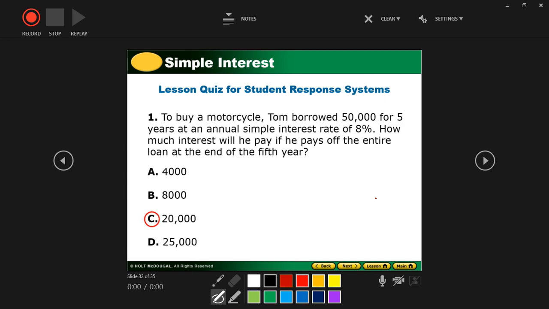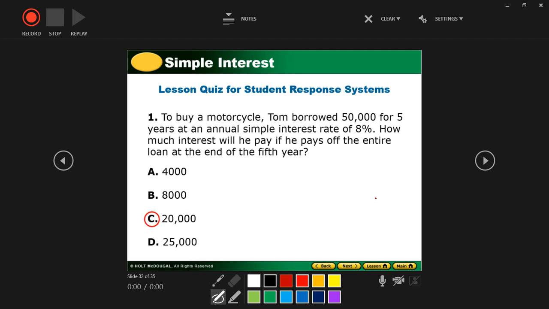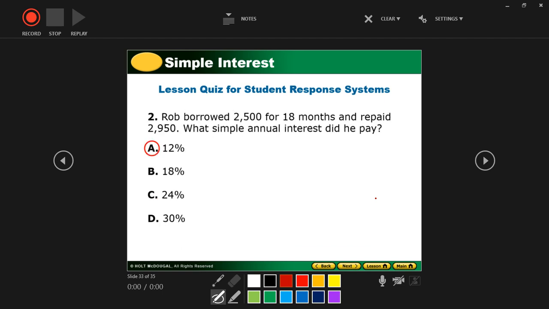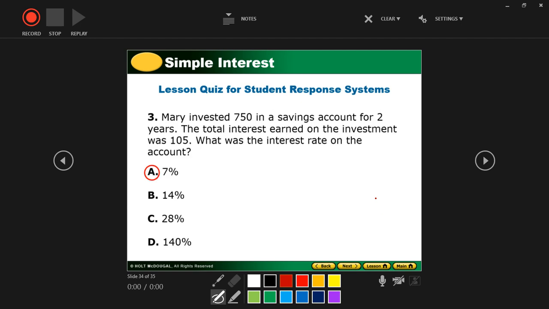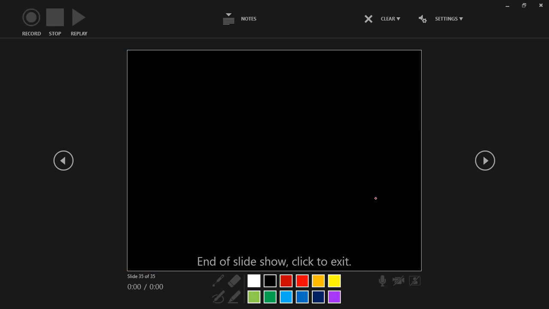Earlier, I wanted you to give the answer because I had taught you the solution. This time, I will be giving you the answers and you provide the solution. So for number 1, the answer is letter C. Number 2, the answer is letter A. Number 3, the answer is letter A. Number 4, the answer is letter C.